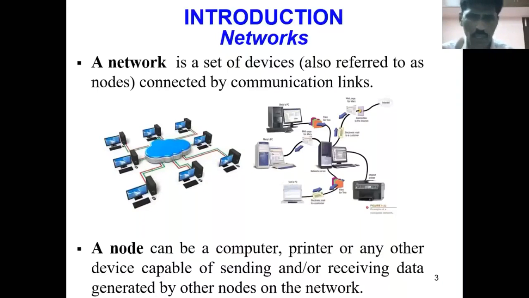Here the communication links may be wired or wireless links. A node can be a computer, a printer, or any other device capable of sending or receiving data generated by other nodes on the network. So that is a simple definition of a network.